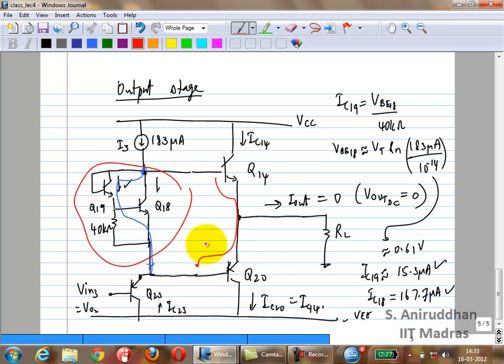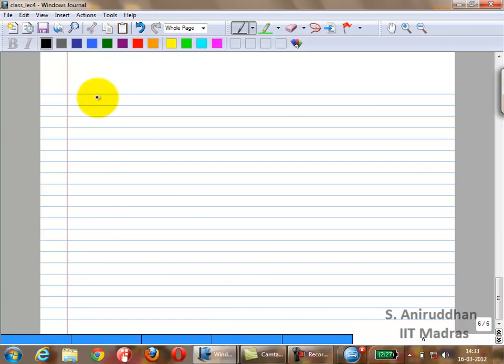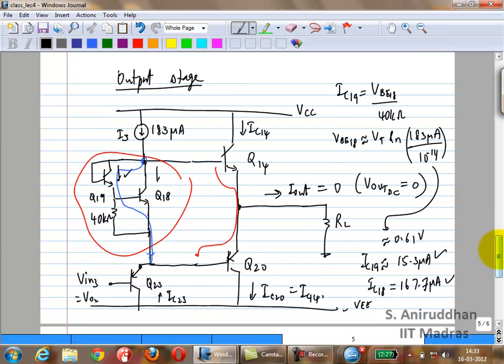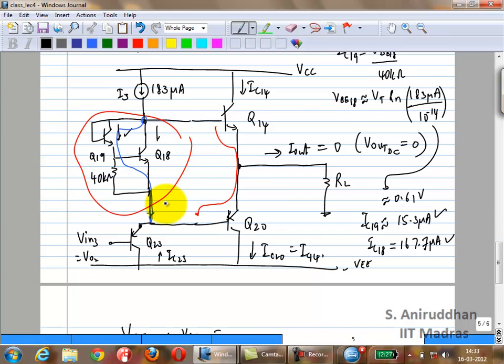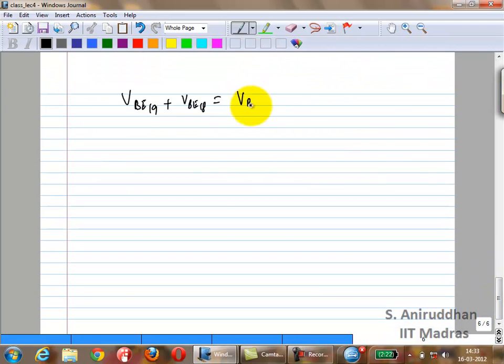Let's just write that down. VBE19 plus VBE18 is VBE14 plus VBE20. Okay? So now you can write it as VBE in terms of VT ln of the current.